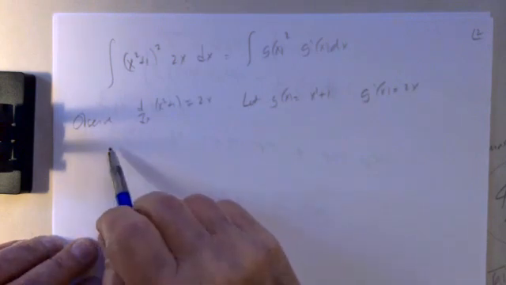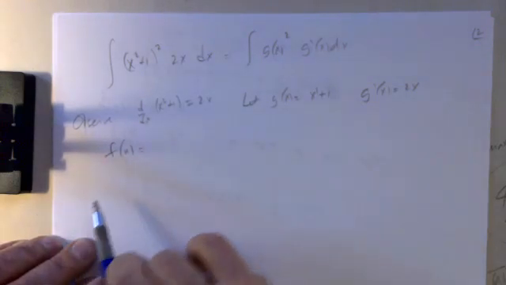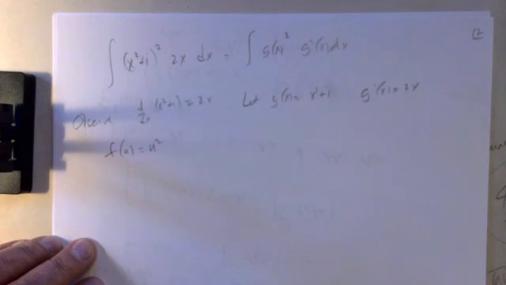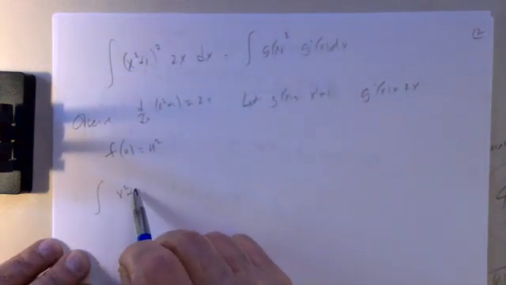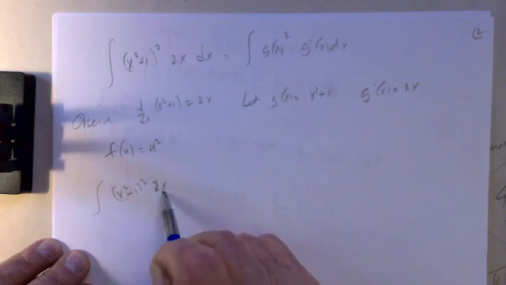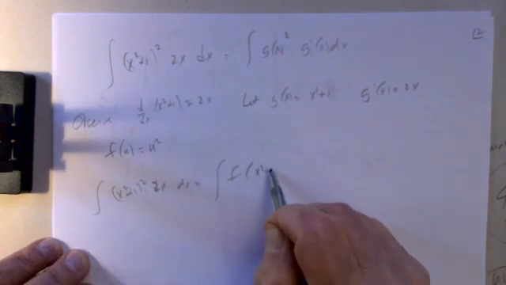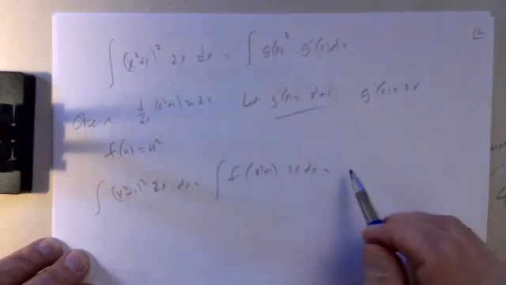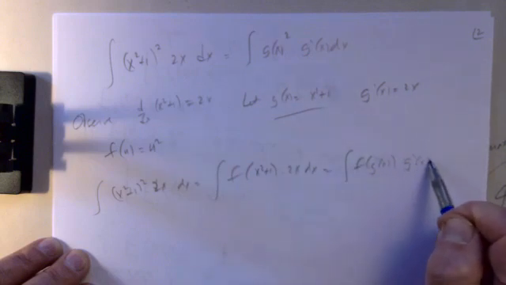And if we let f of u be equal to u squared, then the integral of x squared plus 1 squared times 2x dx is the integral of f of g of x, and 2x is g prime of x dx.